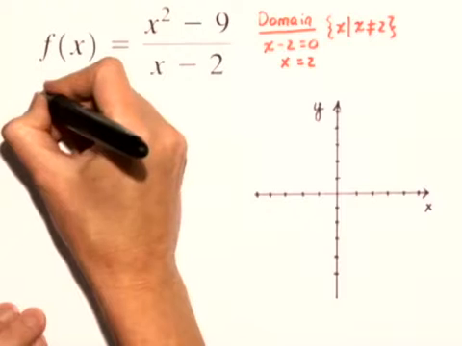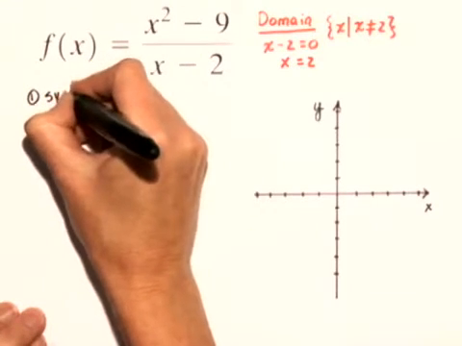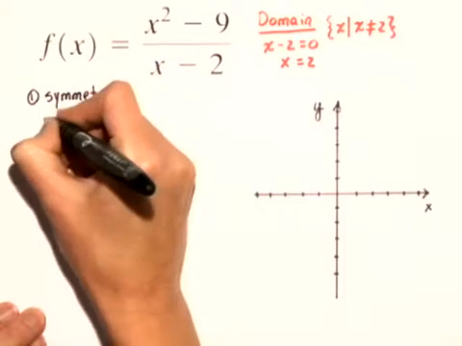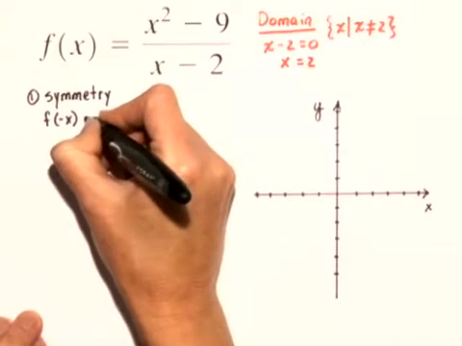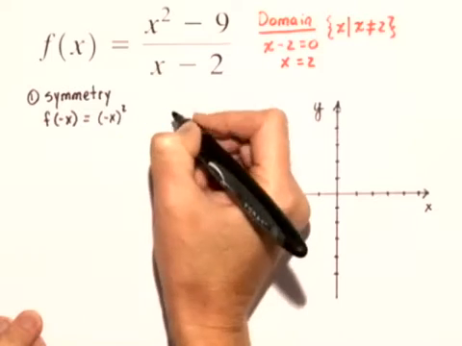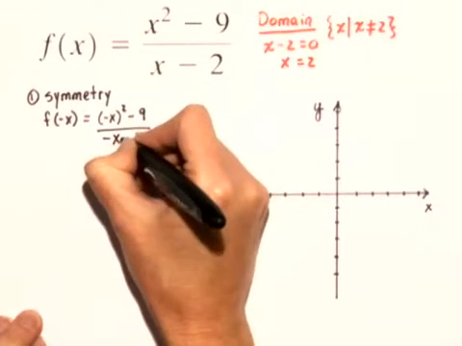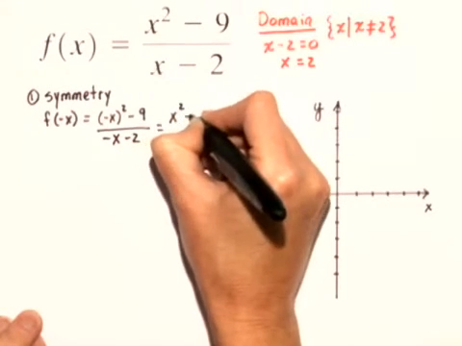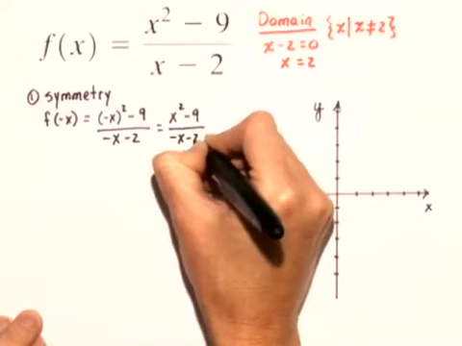In step 1, we look to see if we have any symmetry. So we find f of negative x. f of negative x is equal to negative x quantity squared minus 9 over negative x minus 2, which is just x squared minus 9 over negative x minus 2.